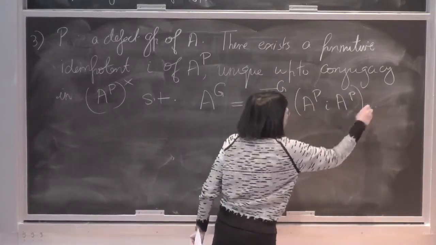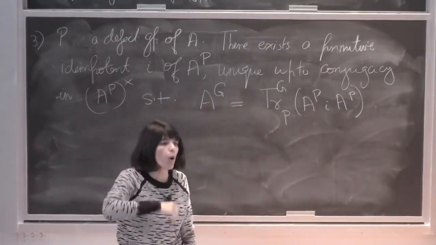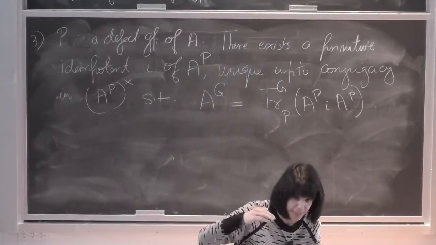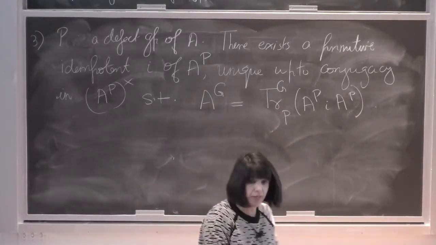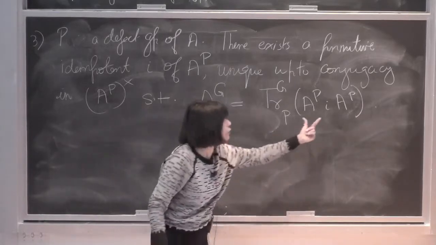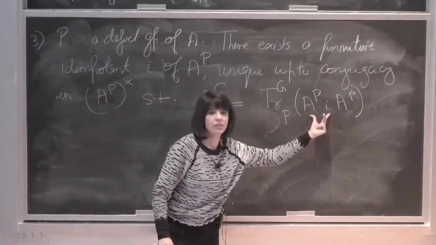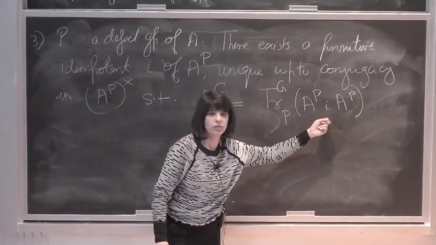So you don't need to trace up from all of AP, but you only have to trace up from the ideal generated by this idempotent I.